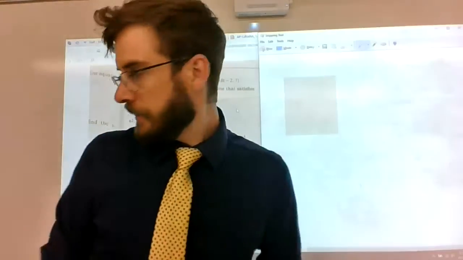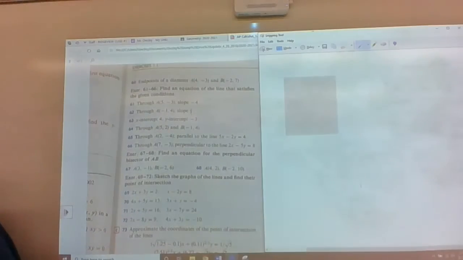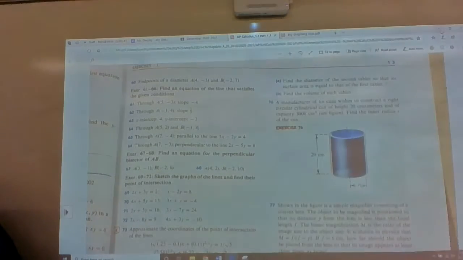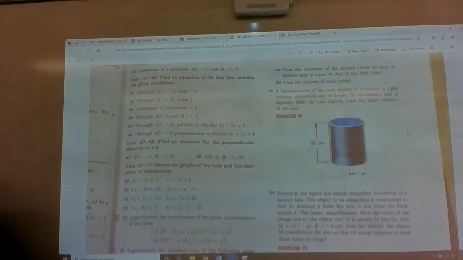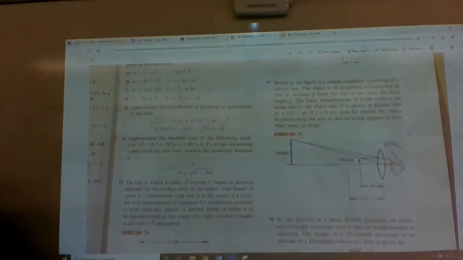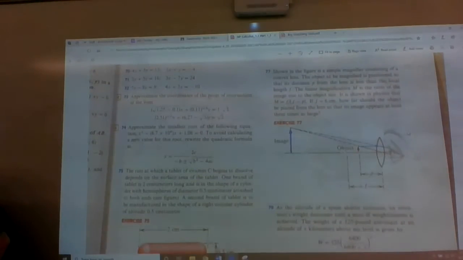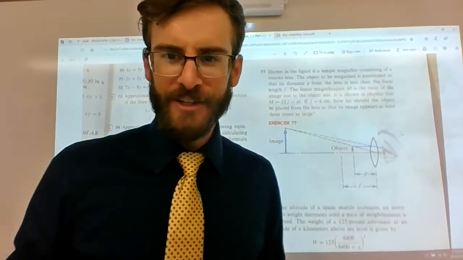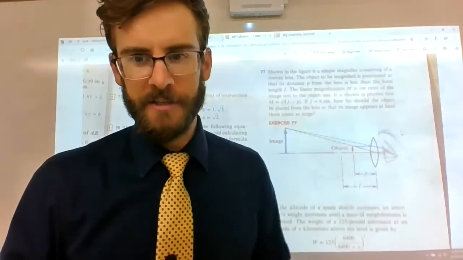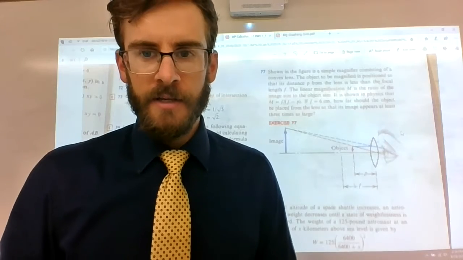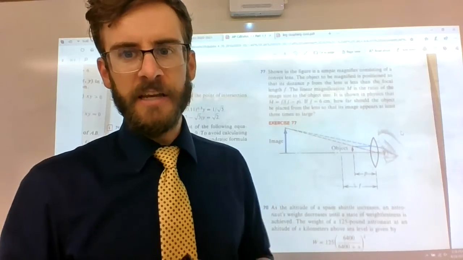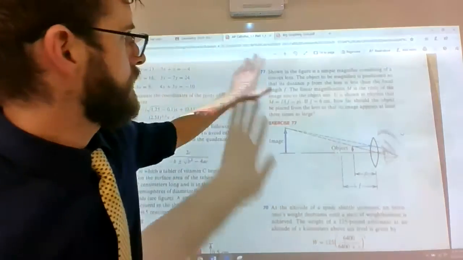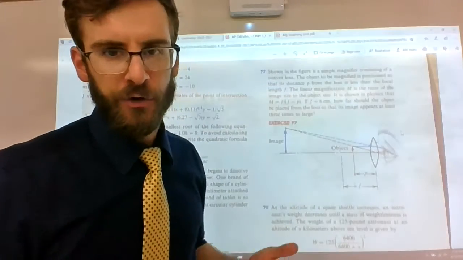Which I believe is right here. All right, so we got an interesting little eye equation. All right, don't poke your eye out. 77 basically gives us an equation. Again, you can read it in your own textbook.